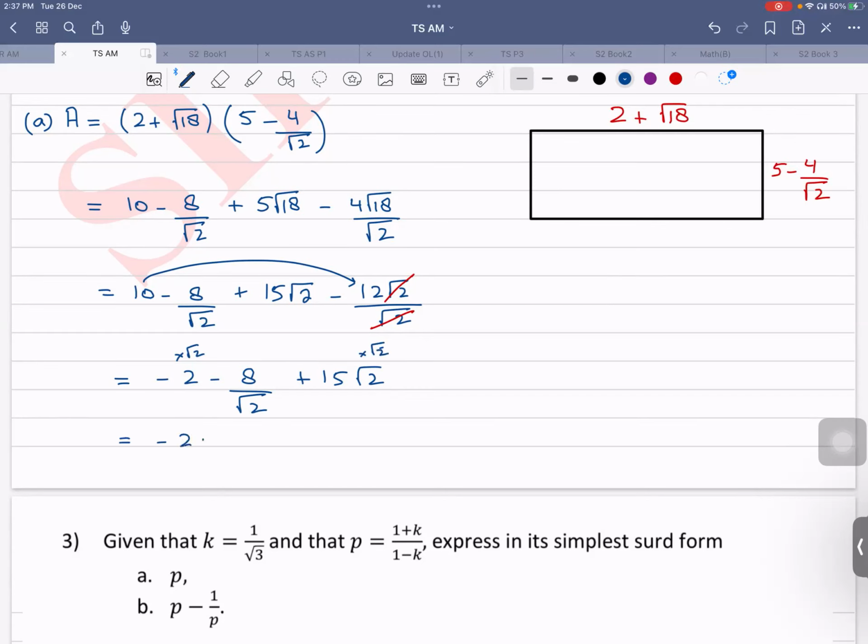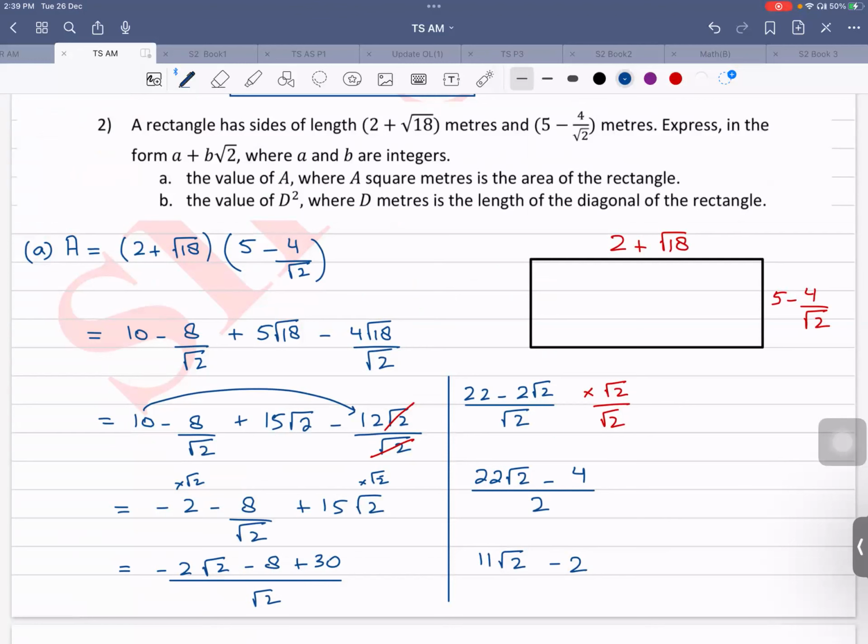And then what you could do is take 2 common from the numerator and cancel it out with the denominator, which would leave you with the answer as 11 square root 2 minus 2. The question said in what form we have to give the answer: a plus b square root 2. So let's write it like this.